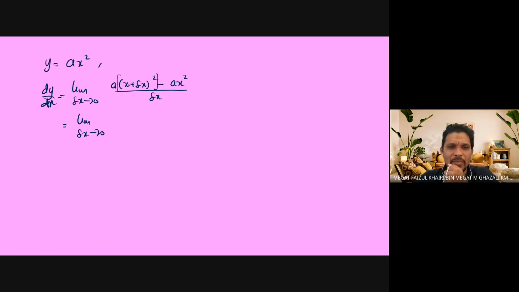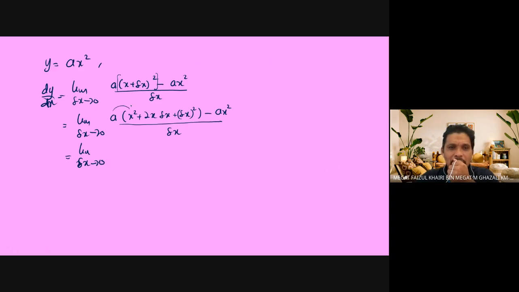We are going to expand because x plus delta x in bracket square. So then a times x squared plus 2x delta x plus delta x squared, minus ax squared, divided by delta x. Okay, the limit of delta x approaching to 0.